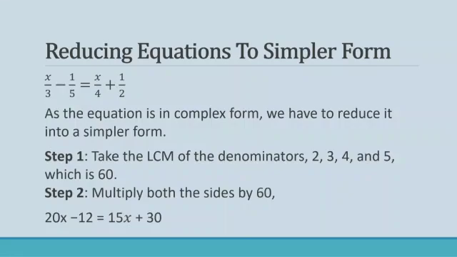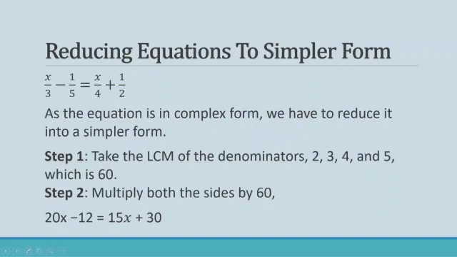So students, let's see how to solve some complex types of equation. For that, we will reduce complex types of equation to simpler form. Here, the example you can see, we have x upon 3 minus 1 upon 5 is equal to x upon 4 plus 1 upon 2.